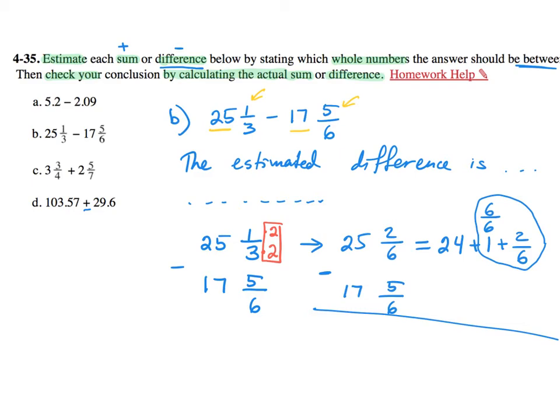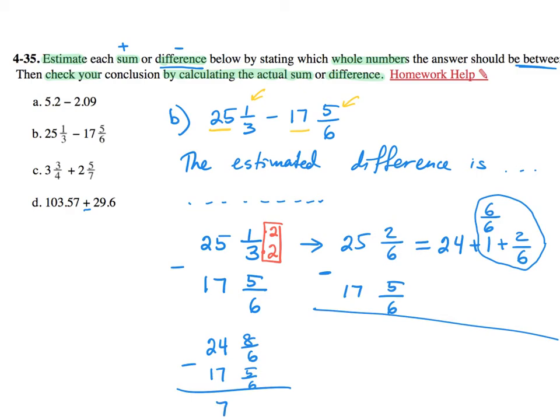So let's rewrite the problem. So we have 24, I don't have space, I'm going to rewrite it here. So 24, because I gave 1 whole, and so I had 8 6 minus 17 and 5 6. Looking at the whole numbers, 24 minus 17, that's a 7. So 7 whole numbers.